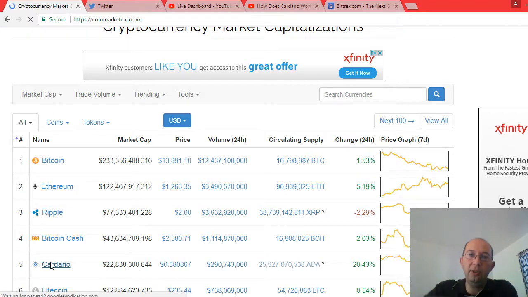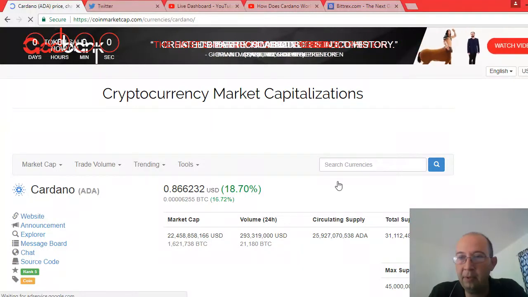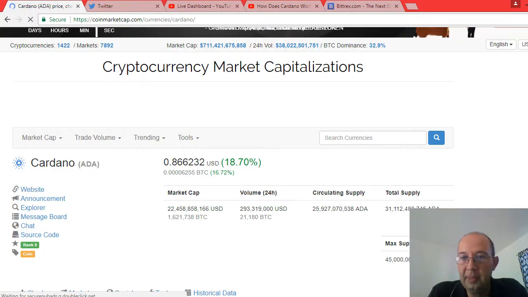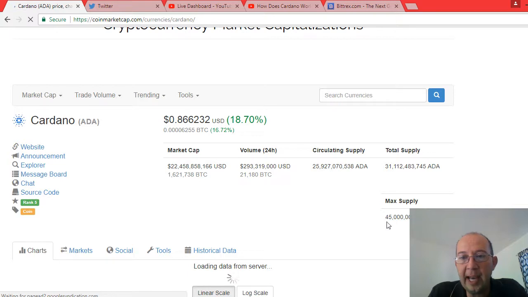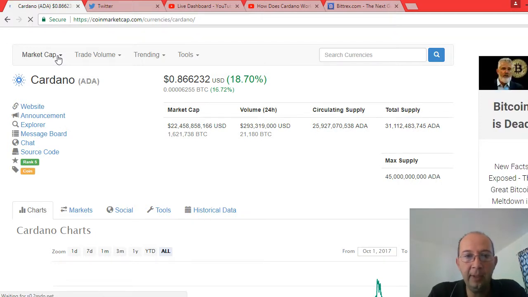So we're not going to see a huge increase to $10,000 like Bitcoin has done magically, but there's definitely some room to grow. It's at 45 billion. Let's move that up a little bit. And this is roughly comparable to Ripple. I think Ripple's about half that much.